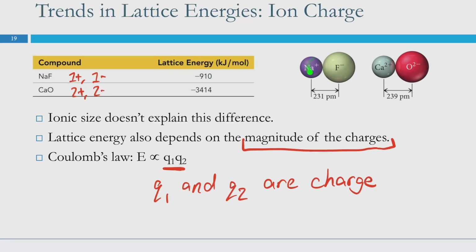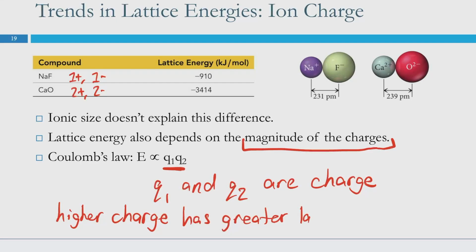In this case, we're going from charges of 1 each, 1 positive, 1 negative, to 2 positive and 2 negative. So we would expect maybe a 4-fold difference in energy based on the charge alone. So higher charge has greater lattice energy. I'm writing greater because it's more negative. The magnitude of the lattice energy is increasing.